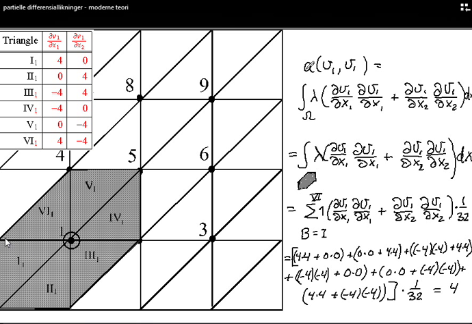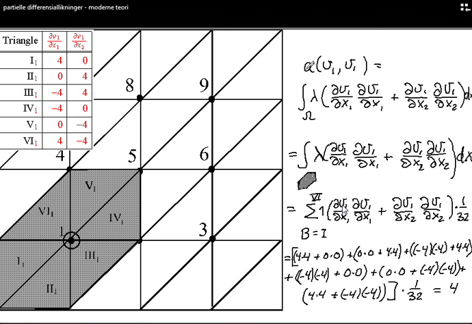Why is that? That is because the length of this side is 1/4, the length of this side is 1/4, and to compute the area we take this length multiplied with this length and divide the result by 2, and then we get 1 over 32.